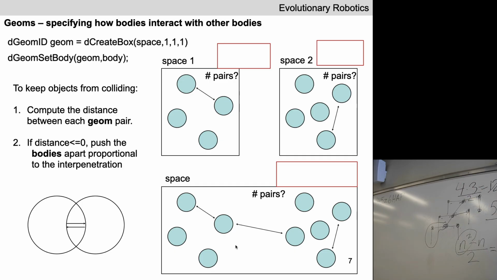So what is it? 9 times 8 is 72, divided by 2 is 36, right? So these are exactly the same scenes, but in this case, this is more expensive because we need to do 36 collision detection events. Here, only 10 and 6.